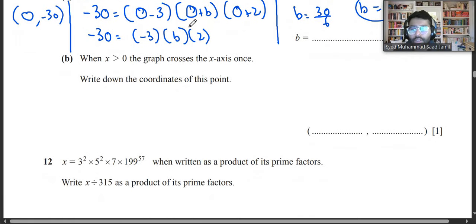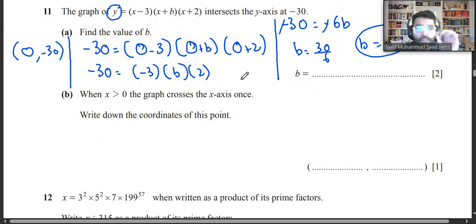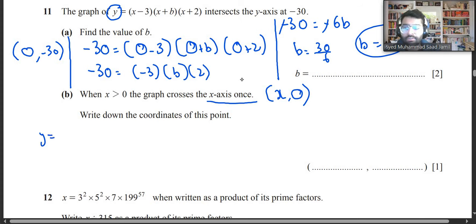When x is greater than 0, the graph crosses the x-axis once. Write down the coordinates of this point. When a question says the graph crosses the x-axis once, write down the coordinates of the point, everyone gets confused. So what will we do? Look, x-axis: the value of x we don't know, but the value of y is 0. Just remember this. So y is equal to x minus 3, x plus b, and x plus 2.